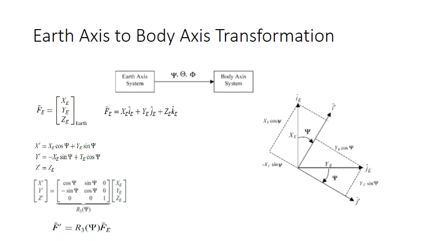So f dash equals R3 of psi, which is a function of psi, times fe.